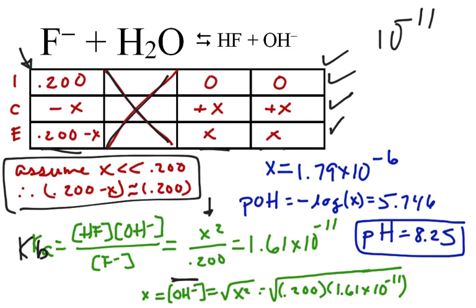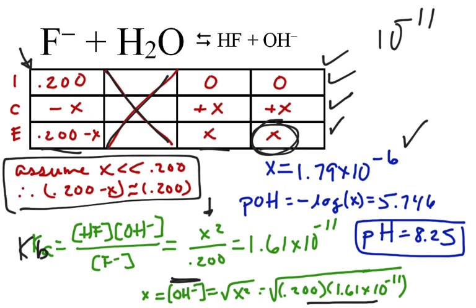And here I always take a moment to say, okay, what is my x? My x is an OH minus concentration, and that's important. So my x equals my OH minus concentration equals the square root of x squared equals the square root of 0.2 times 1.61 times 10 to the minus 11. Now my value for x, I'm changing colors here to the blue, my value for x is 1.79 times 10 to the minus 6.